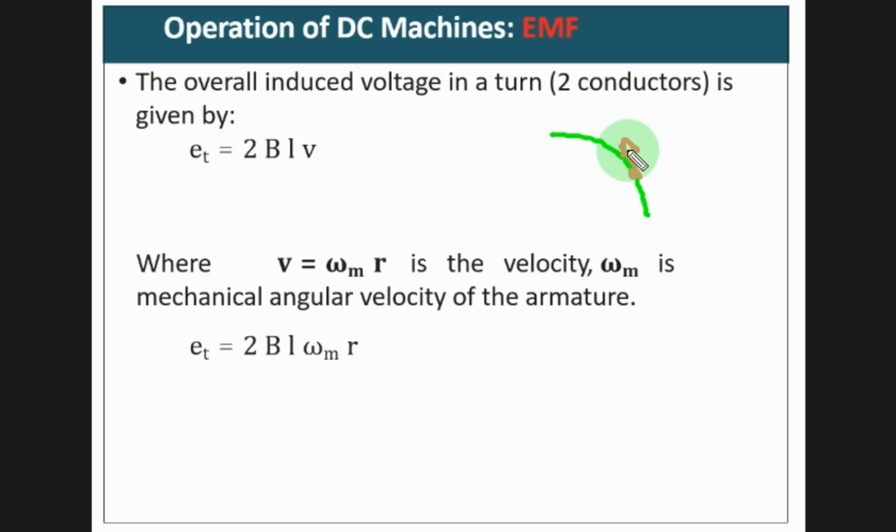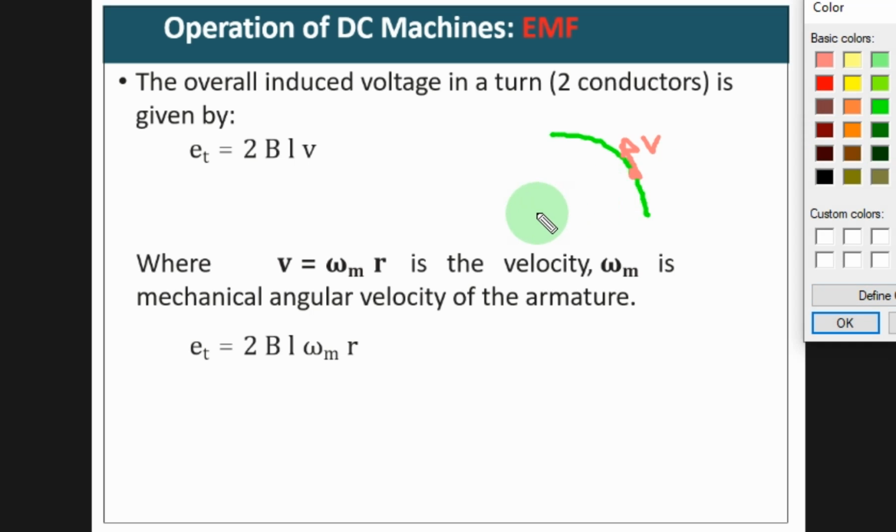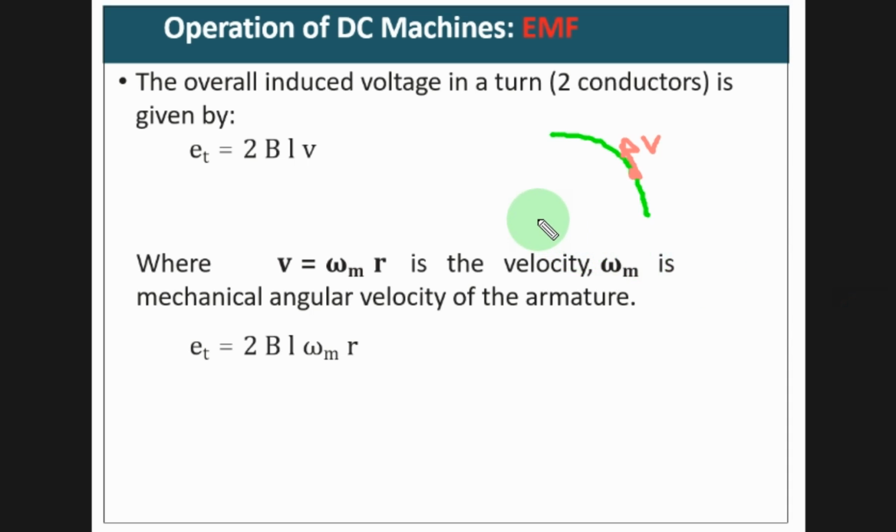So this is what we call the velocity, and if it is rotating around this axis at speed omega m, and this radius is r, then this v is equal to omega m into r, right? That is what you get here.